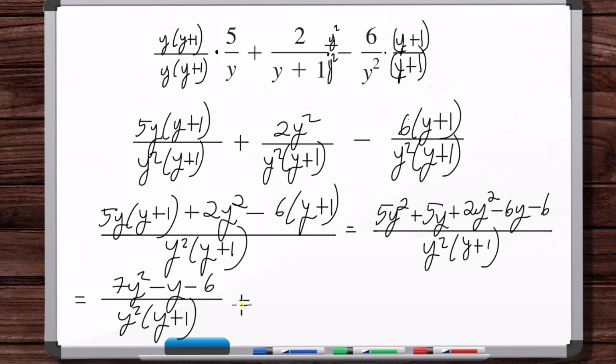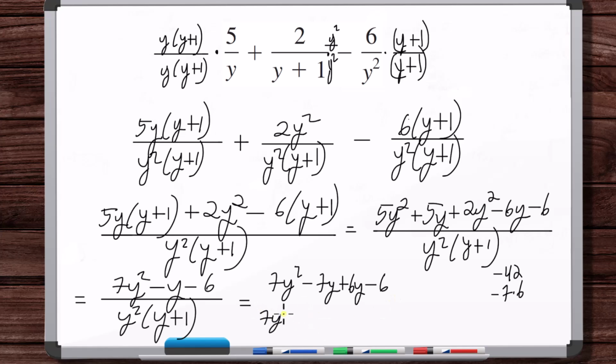Okay, now let's see. Can we factor this? Yeah, we should be able to. So 7 times 6 is 42, so 7 times minus 6 is minus 42. So we have minus 7 and positive 6. So we can do 7y squared, and then minus 7y plus 6y minus 6, and we haven't changed anything.